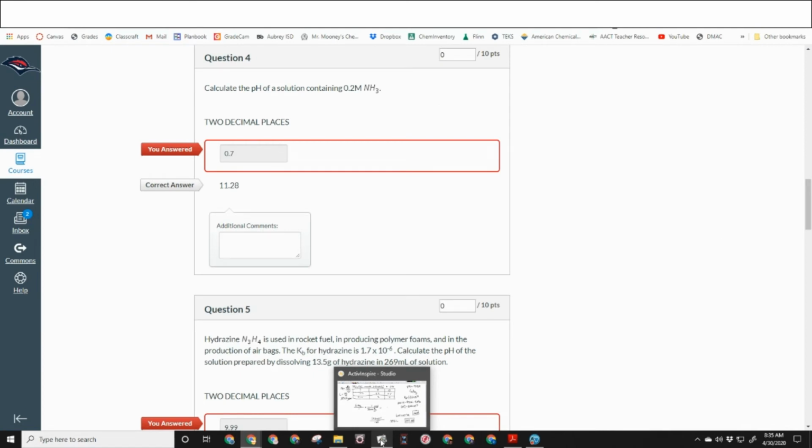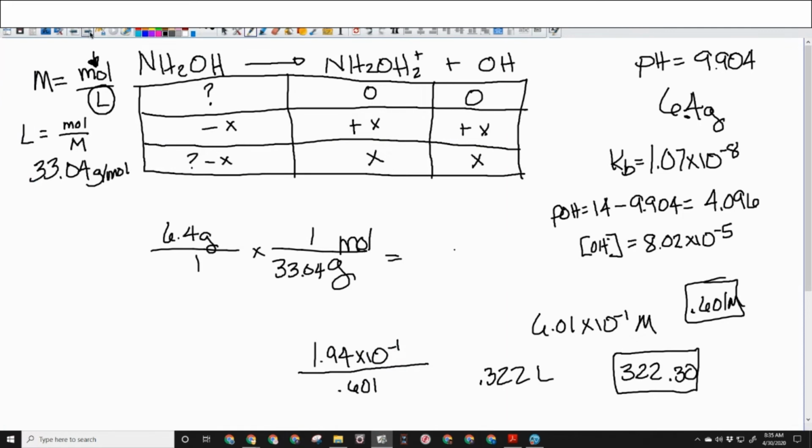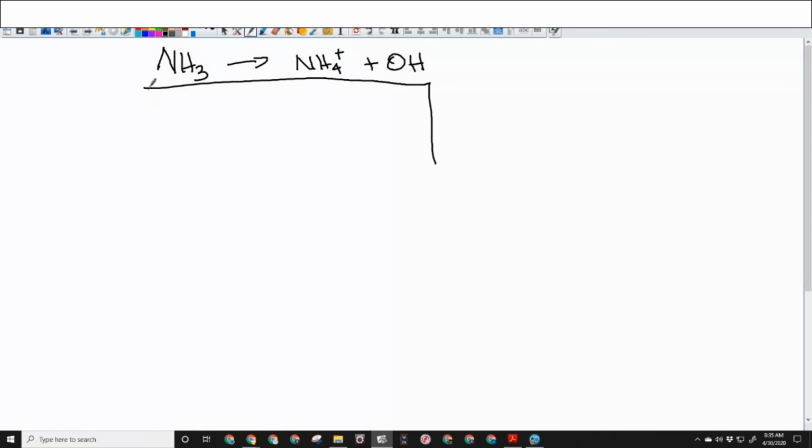So I'm going to go ahead and help you set it up, but I'm not going to work this out fully. Okay, so we have NH3. We have to have an ice chart because this is a weak base.